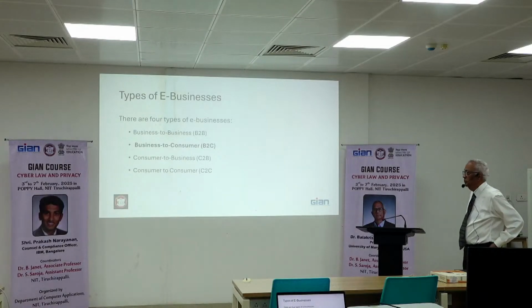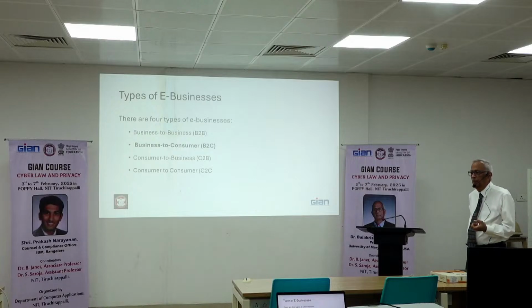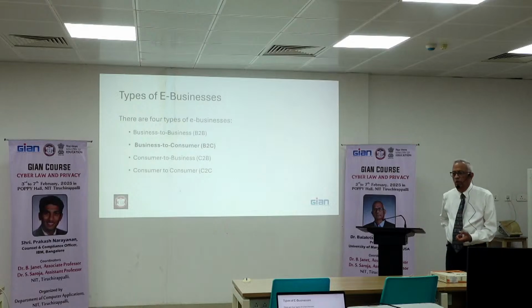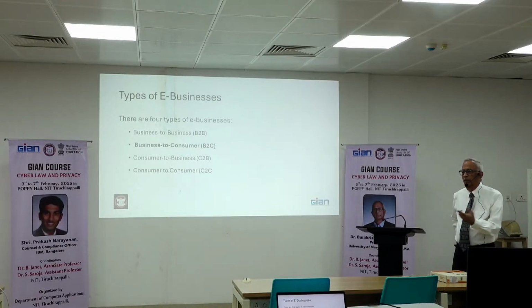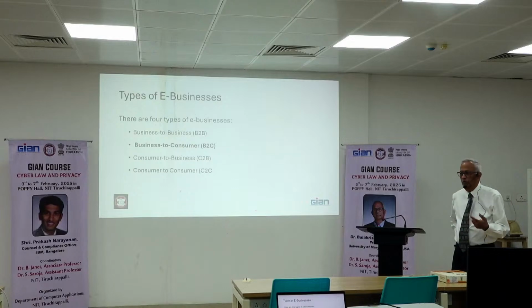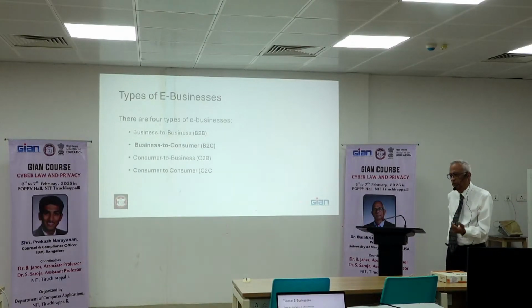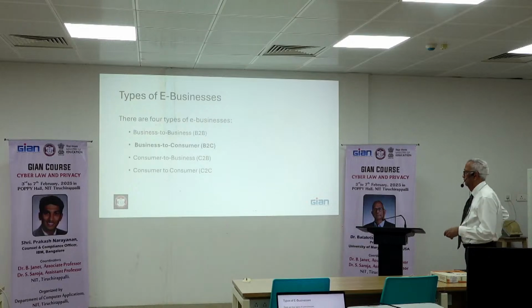The consumer to business is, for example, you may be a tax attorney and you may be offering your service to various online companies. Whereas business to consumer is what they are trying to sell you, various products like Amazon and so on. So consumer to business means the consumer is selling to the business, where business to consumer means the business is selling to the consumer.